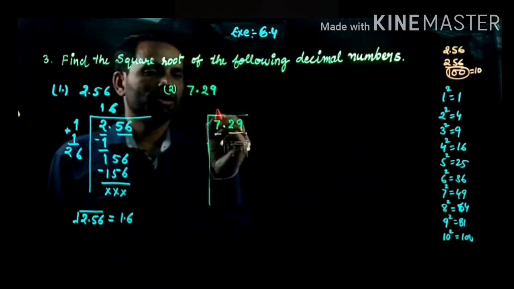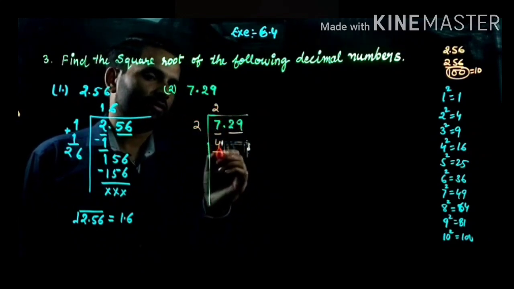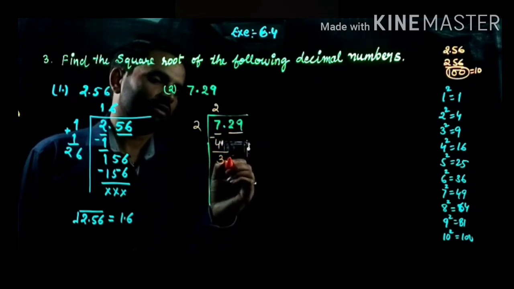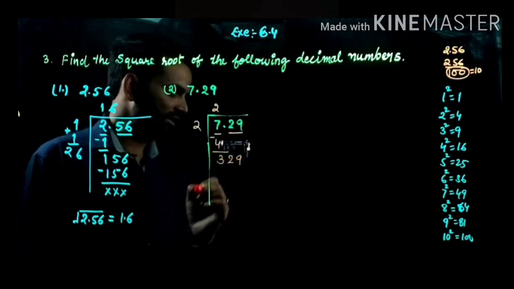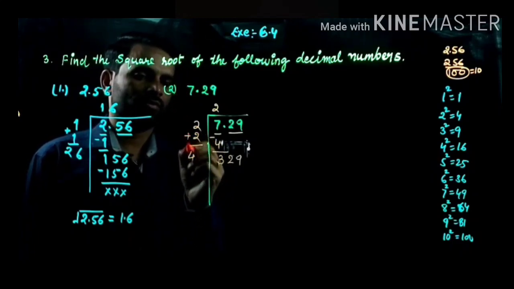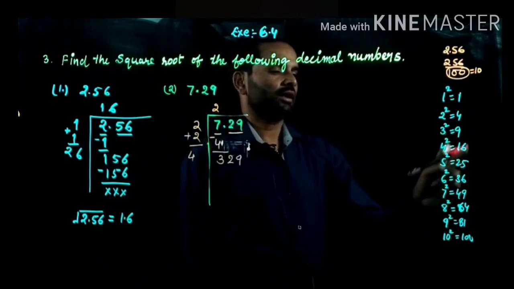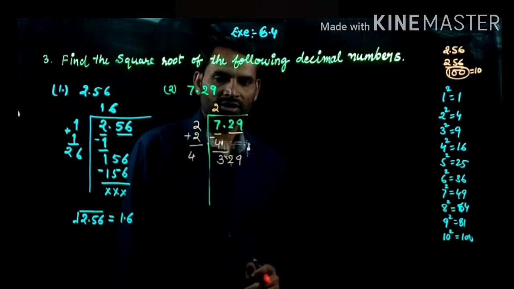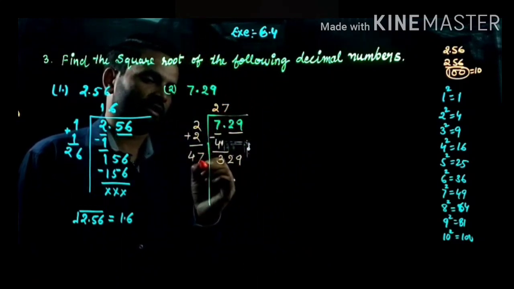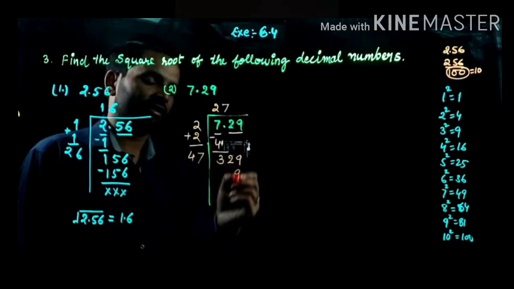So you choose 2, and 2 2 is 4, 7 minus 4 is 3, and bring down 29. 29 is the second pair, 2 is added to make 4, and the 9 will come to 3 numbers, 3 and 7. Okay, that you choose 7, 7 7 is 49, 4 7 is 28 and 4 is 32, minus, cancel.